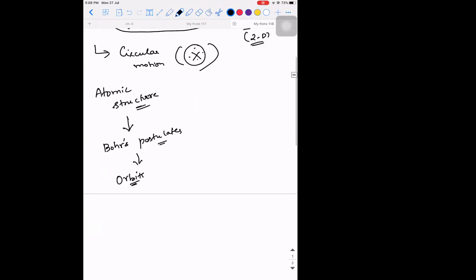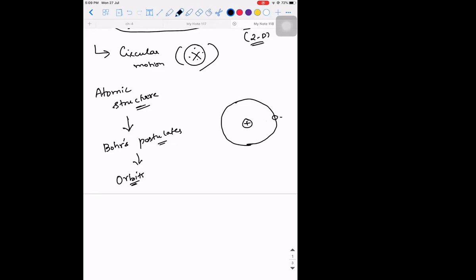So what is the shape of the path he has mentioned for the particles revolving? Electrons revolve around a central part which is called the nucleus. In which path? Do they go in a parabolic path? Do they go in an elliptical path? Do they go in a circular fashion? What exactly happens there? You have a central nucleus.